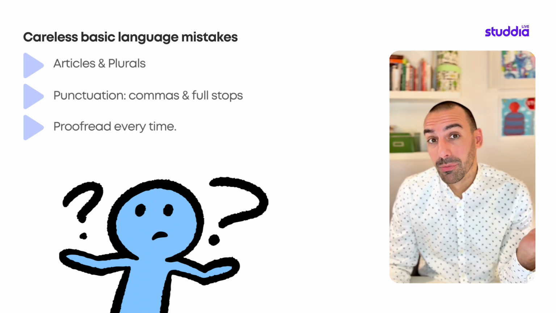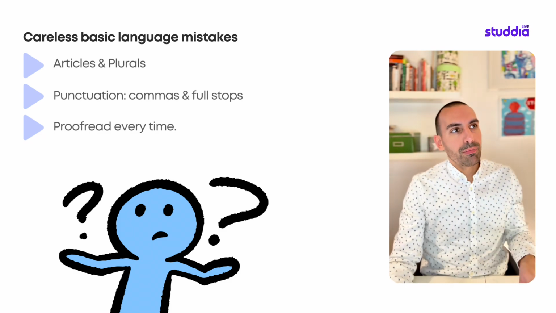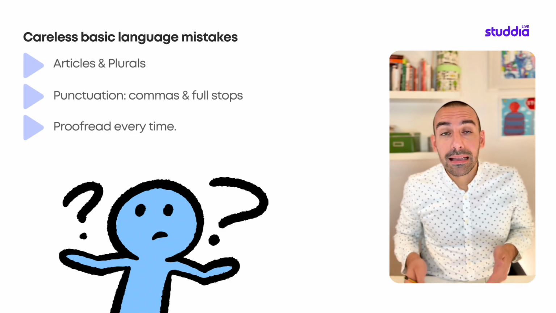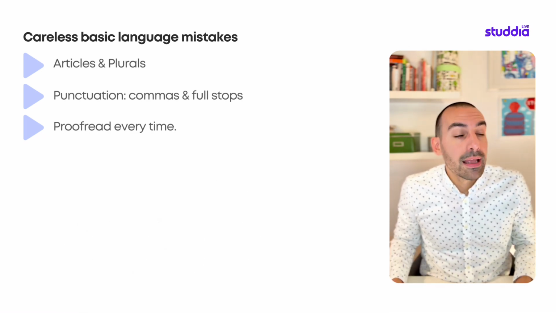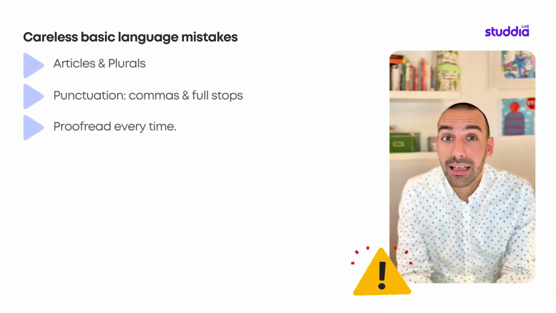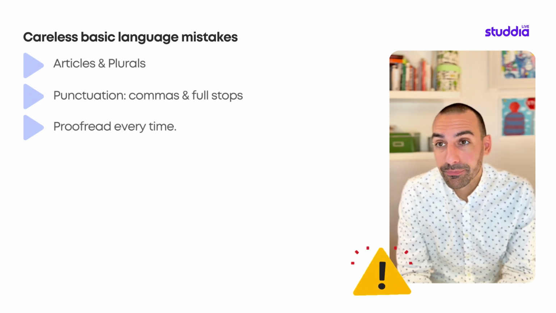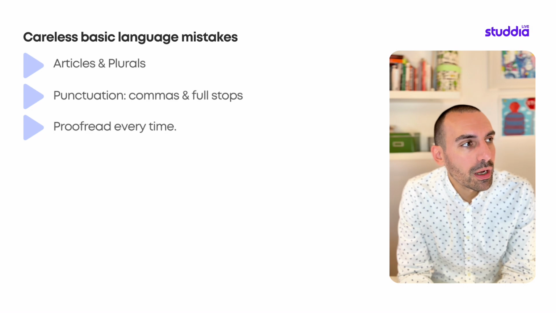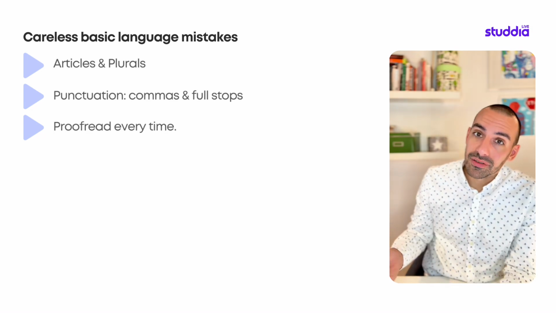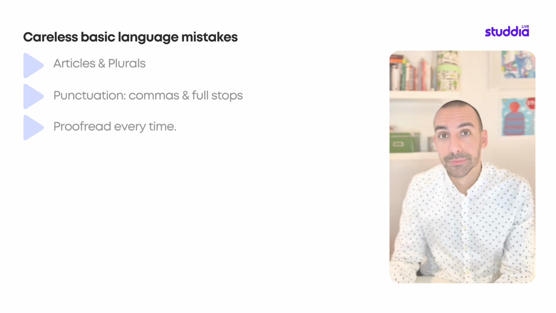Like, seriously, come on. These are not small details. A full stop at the end of a sentence and a capital I are fundamental elements of written English. That's why proofreading is not optional. You must leave yourself a couple of minutes to read your letter again and check these little things. That's also why we practice under timed exam conditions, so you can manage your time and still proofread properly.